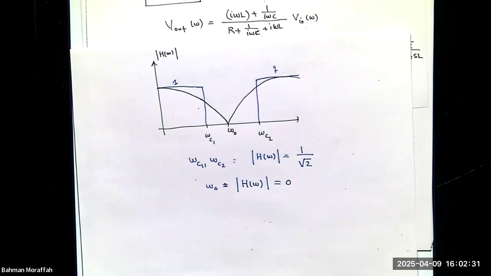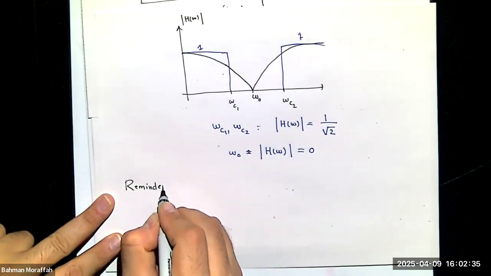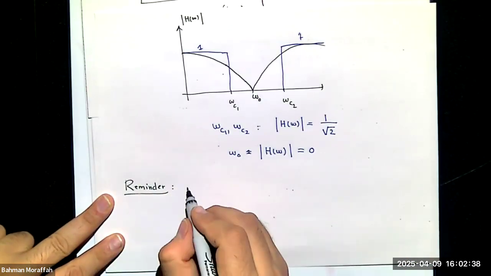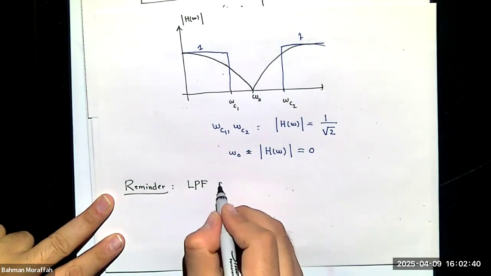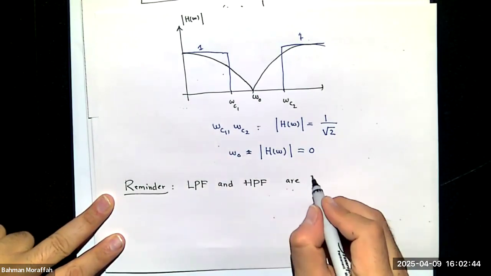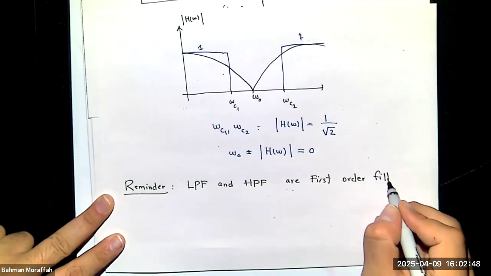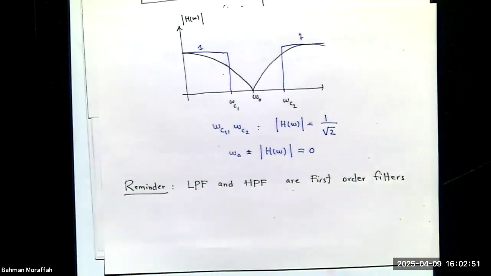Let me quickly remind you of something. Reminder: low pass filter and high pass filter are first order filters because we can build them using first order circuits.